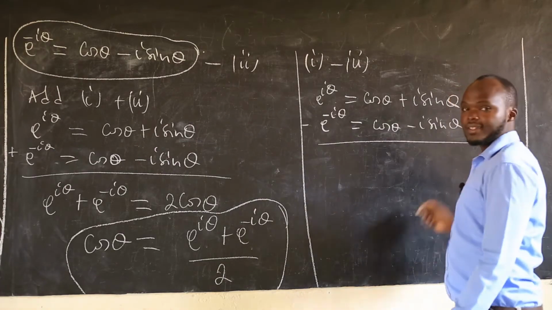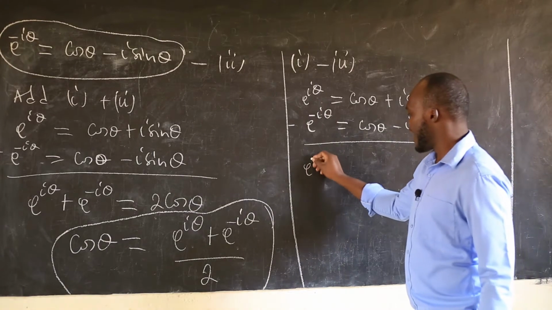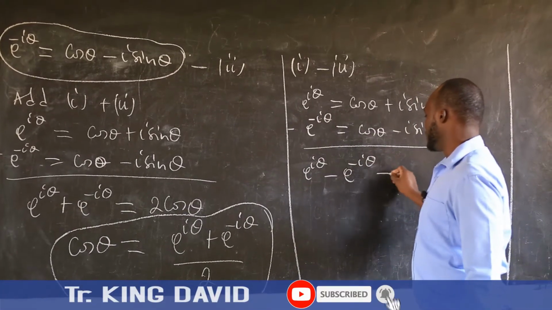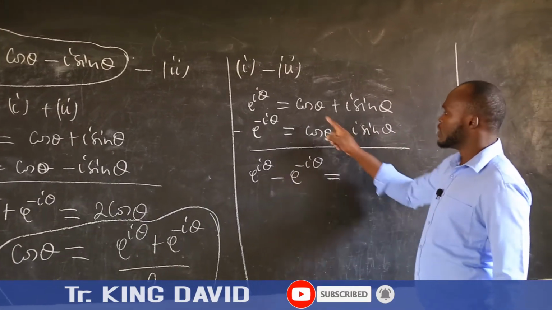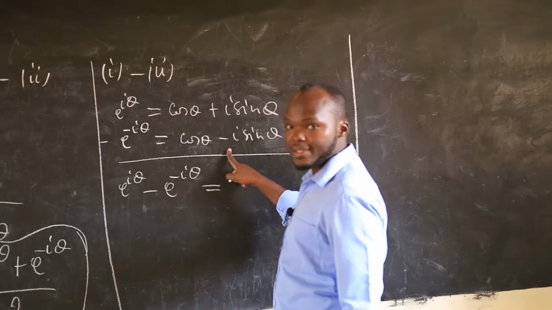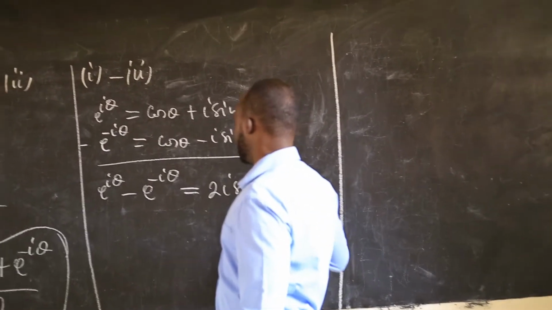So what will be the answer? It is e power i angle minus e power negative i angle. Then cos angle minus cos angle is 0. i sine angle minus minus becomes positive, that is 2i sine angle.